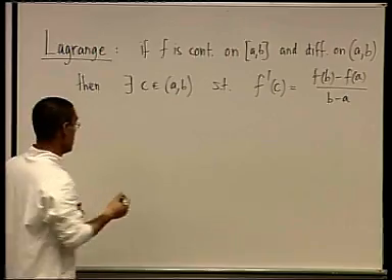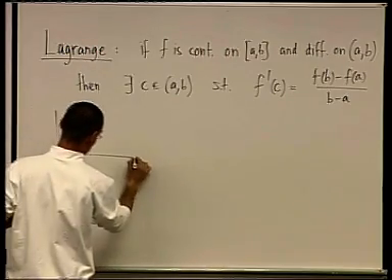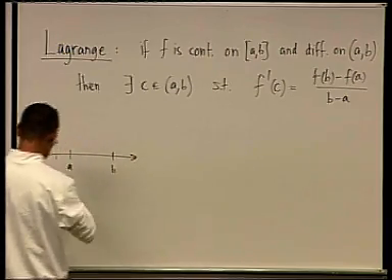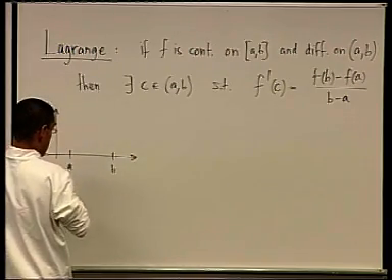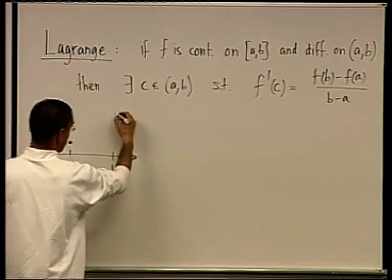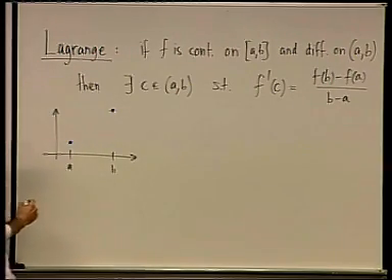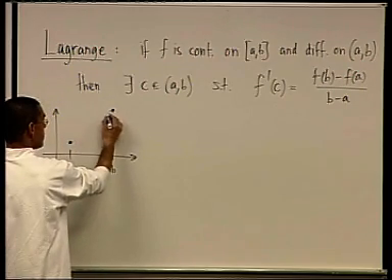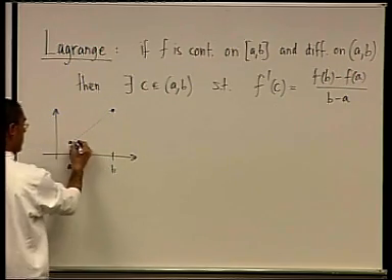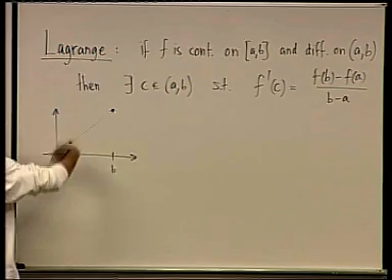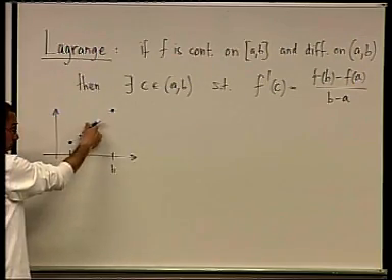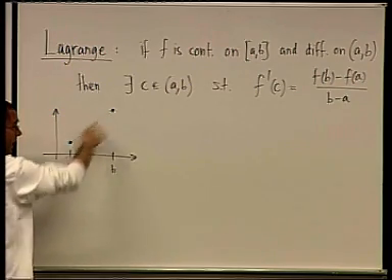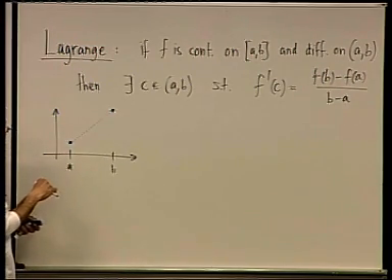And the picture we had for Lagrange was, here's a, here's b. Now f at a and f at b are different. Maybe this is f at a and this is f at b. So either f is just this diagonal here, in which case at any point the slope is the slope of this line, and the slope of this line is the difference of the y values divided by the difference of the x values.